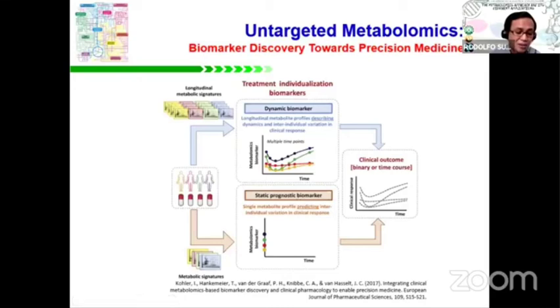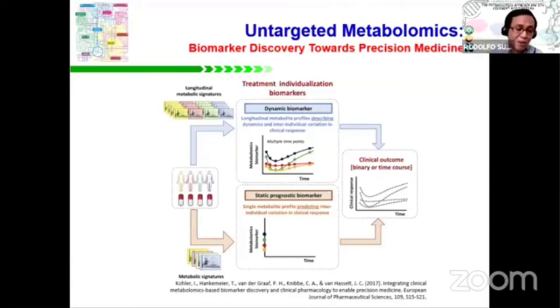When you say dynamic biomarkers, they describe the disease progression and they are associated with the disease response. So over time, they can vary. There will be temporal differences in these biomarkers, and you need to be able to capture them over time. So this is what you call longitudinal metabolomic profiling.